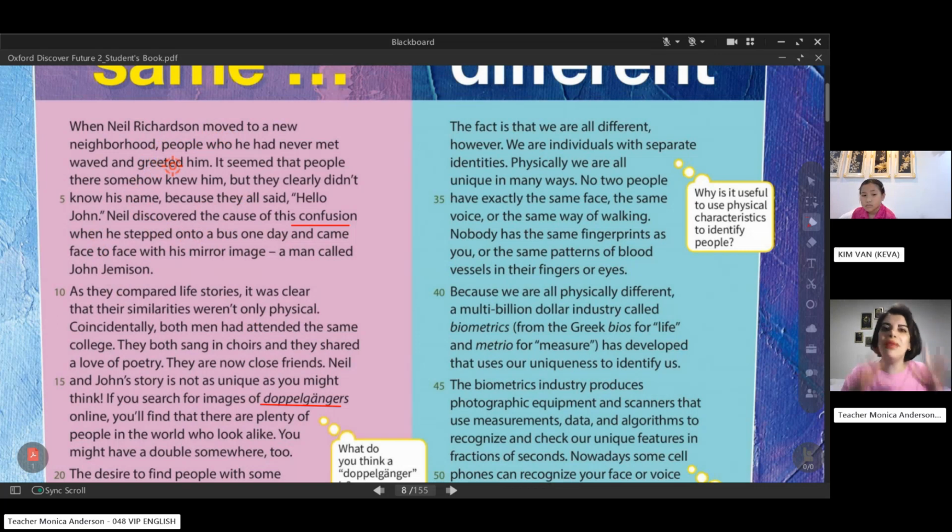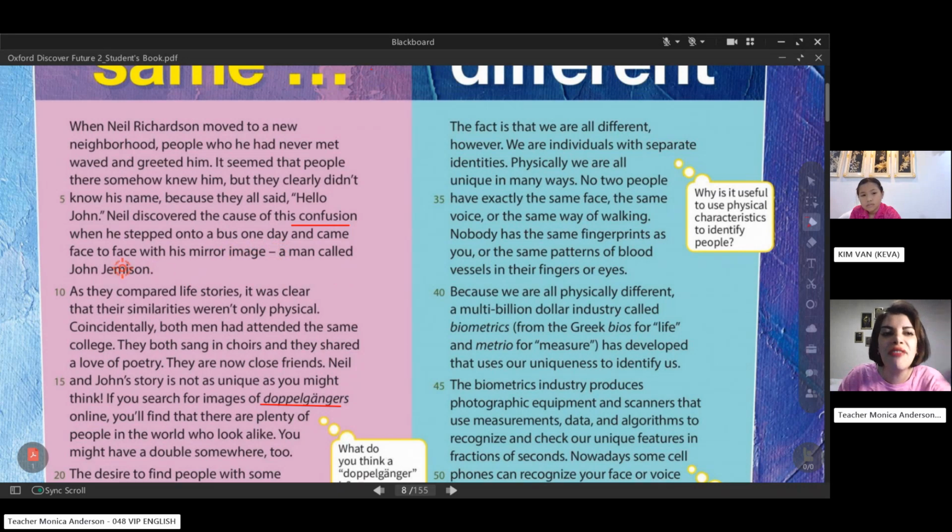Richardson moved to a new neighborhood, an area where people live together. And people who had never met him waved and said, "Hi, Richard, hi." But it seems that people knew his name, because they all said, "Hello, John." And Neil discovered the cause of this confusion. Confusion means when you feel confused. Oh, what is going on here? When you don't understand what's going on.